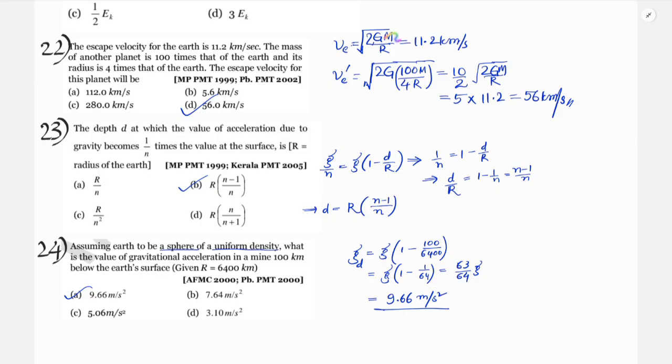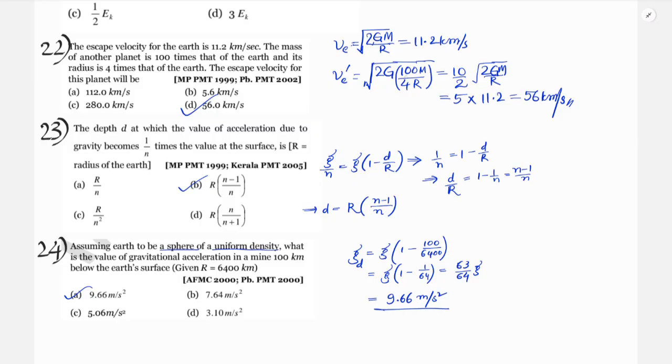Suppose the mass and radius vary, what will happen? For the other planet, the mass is 100 times the mass of the Earth, and the radius is 4 times the Earth's radius.